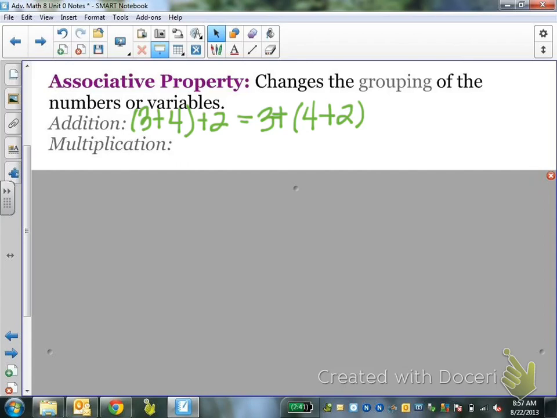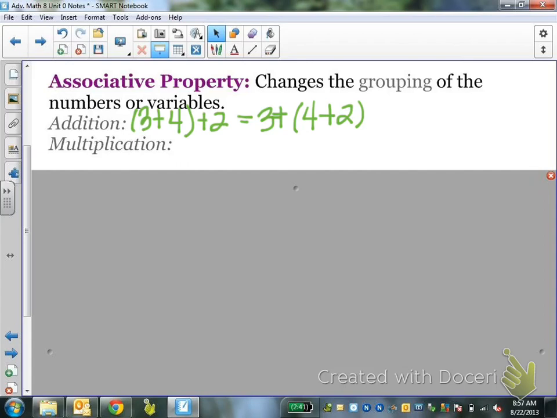Let's think about it. On the left-hand side, what's 3 plus 4? 7. What's 7 plus 2? 9. Okay, so let's try to get 9 on the right-hand side. What is 4 plus 2? 6 plus 3? 9. So they're the same. Works with variables as well, okay? So you can do the same thing with variables. Multiplication is very similar.